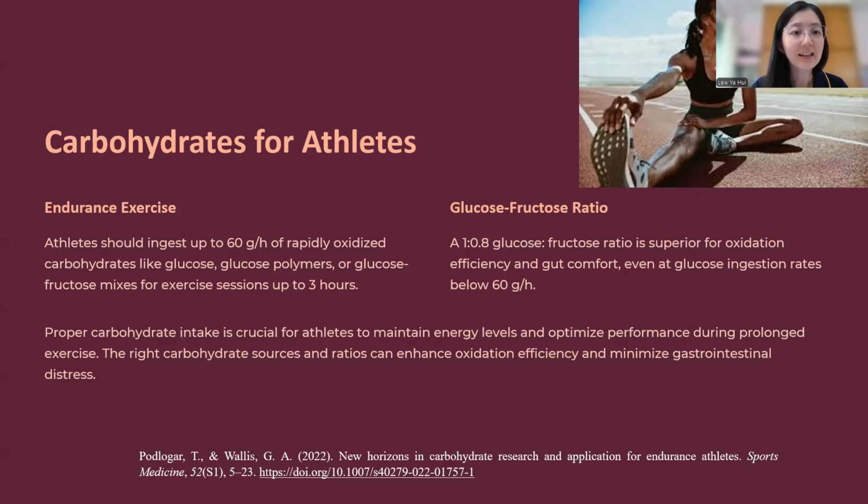But newer research shows that a ratio closer to 1 to 0.8 glucose to fructose may actually work better. This improved ratio also leads to more efficient energy use and causes less stomach discomfort, even when glucose intake is below 60 grams per hour. So getting the right amount and type of carbohydrates is important for athletes. The same goes for us, but we will need less. It helps to keep energy levels up, boost performance, and also reduce stomach problems during long workouts.